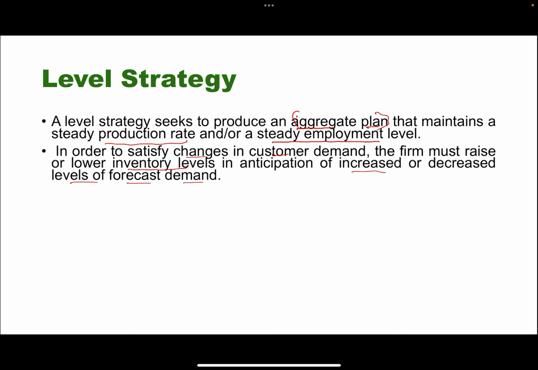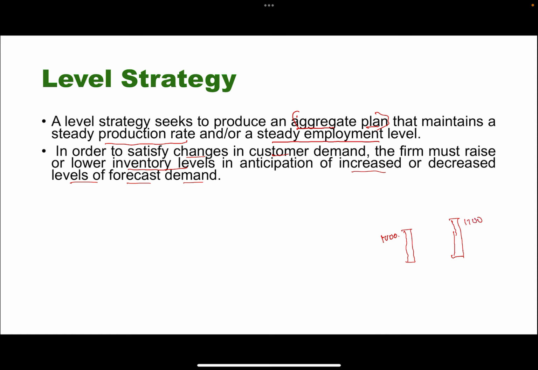Okay, suppose a company has a production capacity to manufacture maybe some 1,000 units. Okay, you have a demand forecast of maybe 1,100.